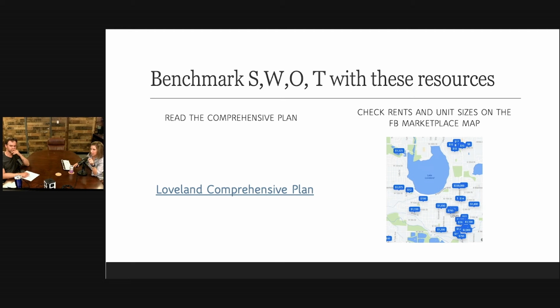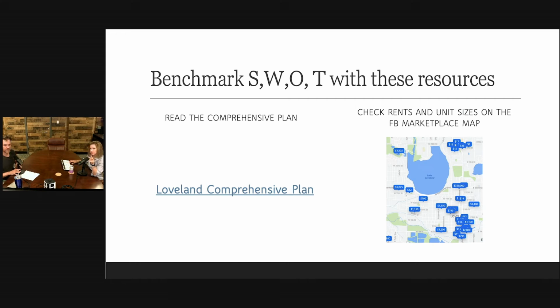It's great that someone tells you the average rent in this location is this, but now I can go in and actually see what people are charging in and around my property. So this Loveland property was located there, and I pulled up a map of just the particular rent indicators. That can be a great way to see your rent potential based on the comps in your immediate area.